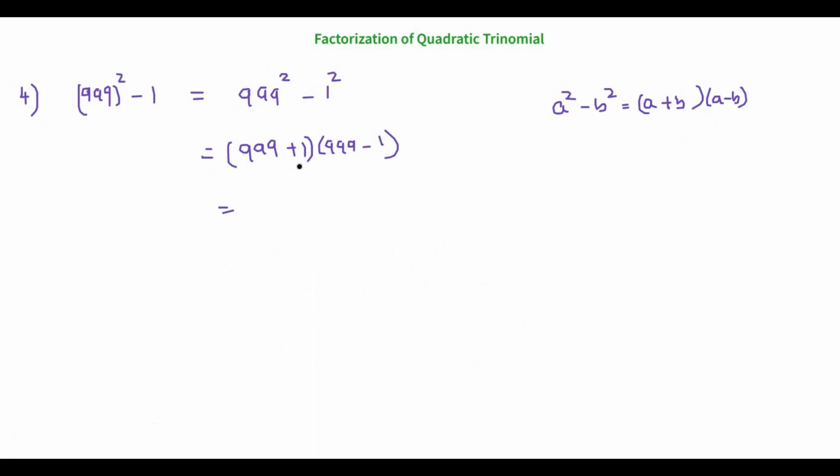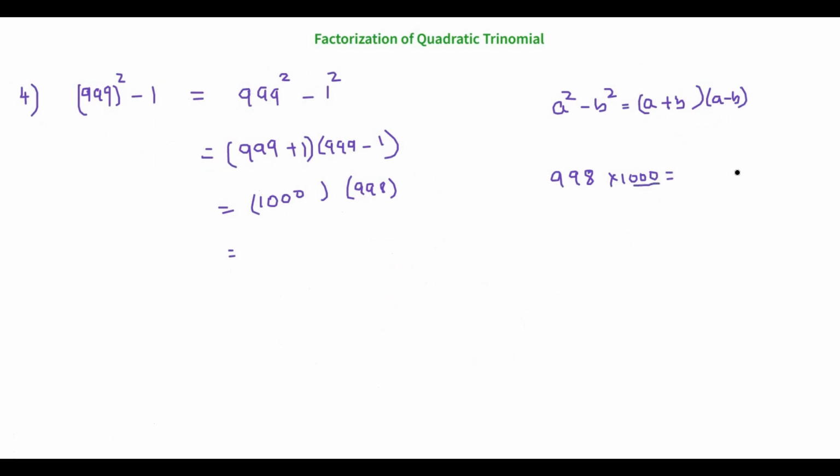So 999 plus 1 will give us 1000 and 999 minus 1 will give us 998. Now it is very easy for us to multiply any number with thousands. So whenever we have a number like this, 998 times 1000, whenever you have the numbers ending with zeros, it is very easy to multiply.